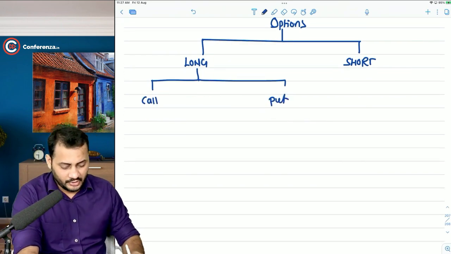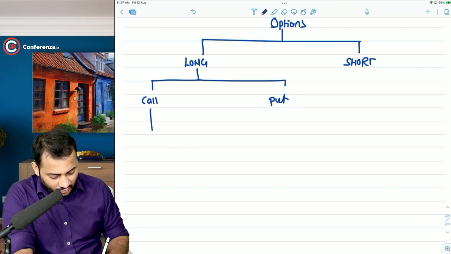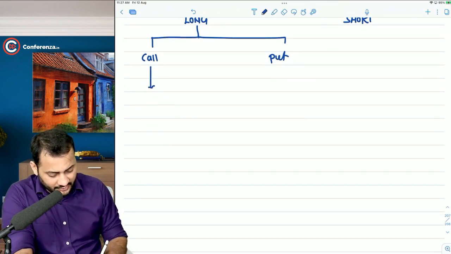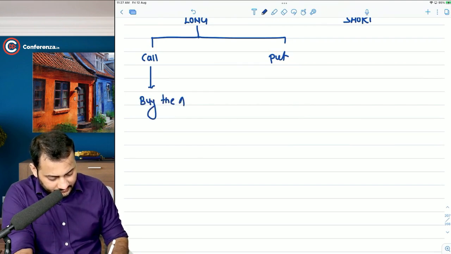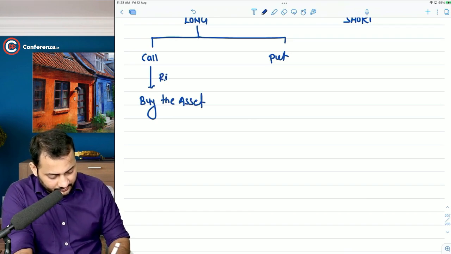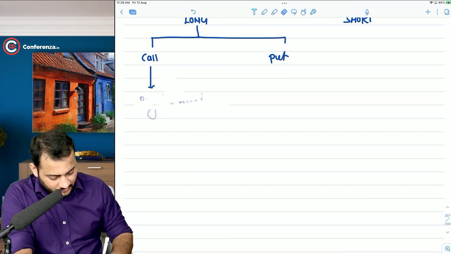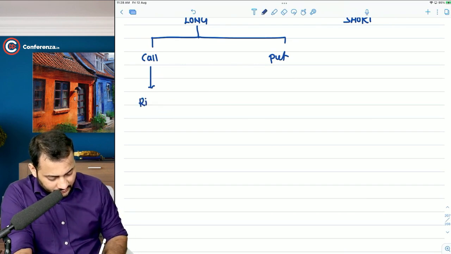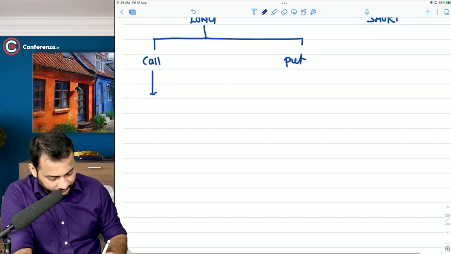If you decide to buy the call option, that means you are deciding to buy the asset, and you are getting a right. That means call option means you are buying the right. See, I will just write it in a proper way.